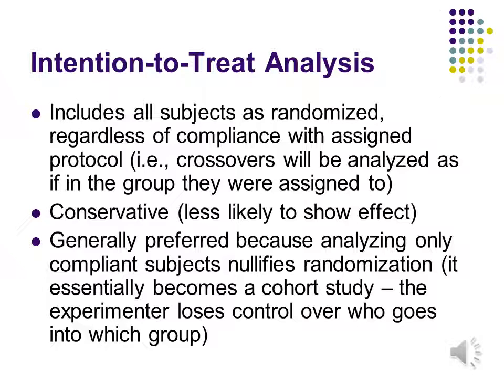So if people end up going into the surgery trial, then they're self-selecting more. And if you analyzed it that way, the randomization would no longer apply as cleanly. So it becomes more like a cohort study. The experimenter loses control over who goes into which group. So in general, most of the clinical trials are analyzed with this intention to treat analysis.